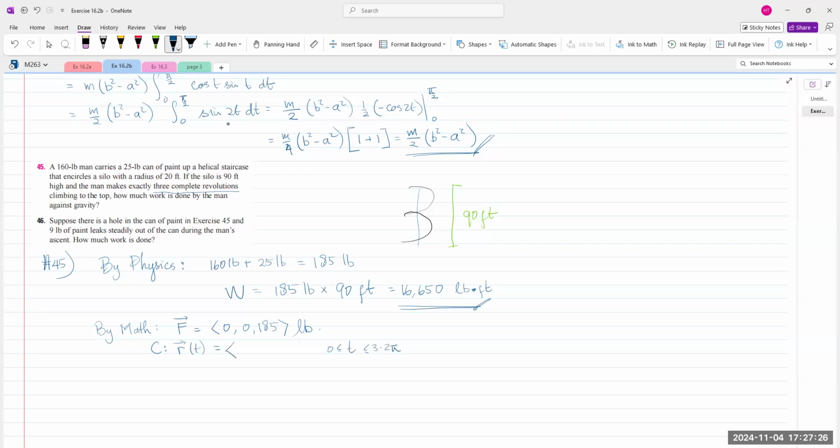The silo has a radius of 20 feet, so that will be 20 cosine t in the x component, 20 sine t in the y component, and then the z component will be 90 feet divided by 3, that's 30 feet each.